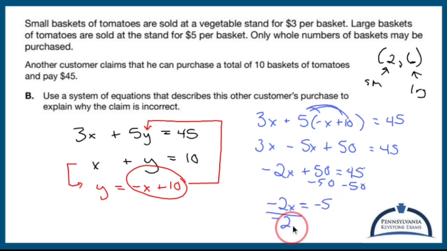Divide by -2, divide by -2. x equals 2.5. I could solve for y, but I don't need to because we need to use a system of equations that describes this other customer's purchase to explain why his claim is incorrect. His claim is incorrect because he bought 2.5 small baskets.